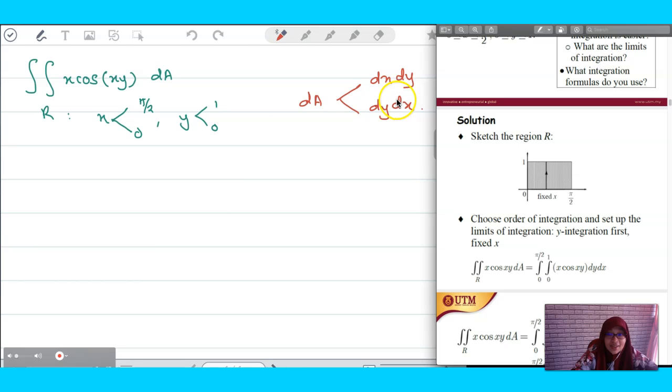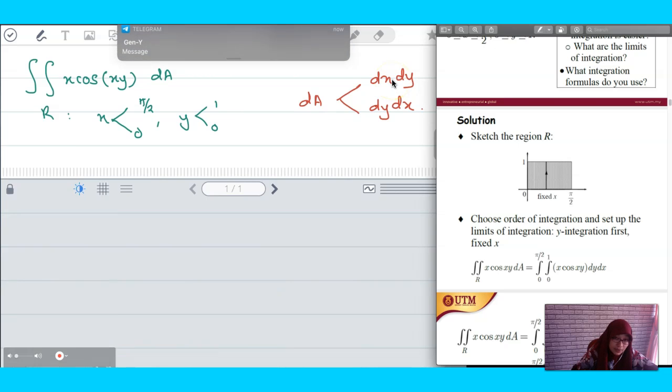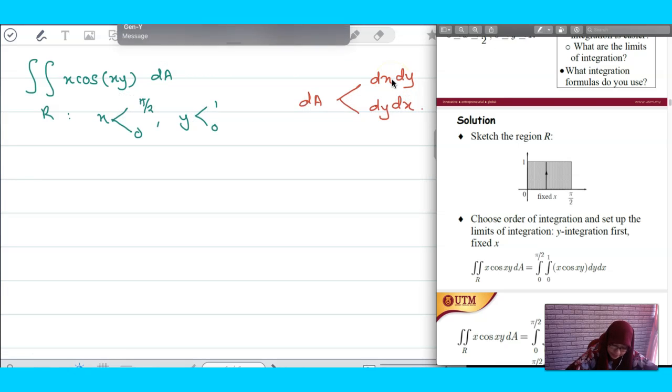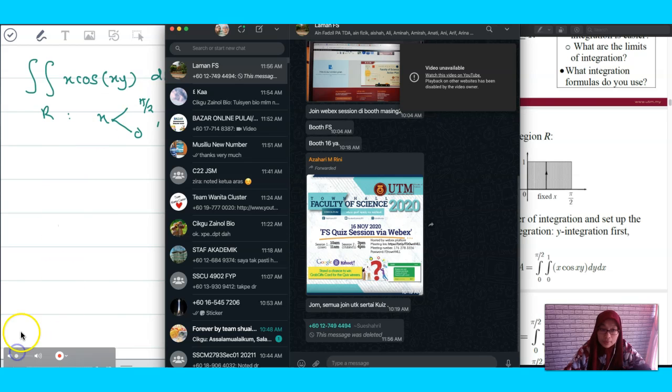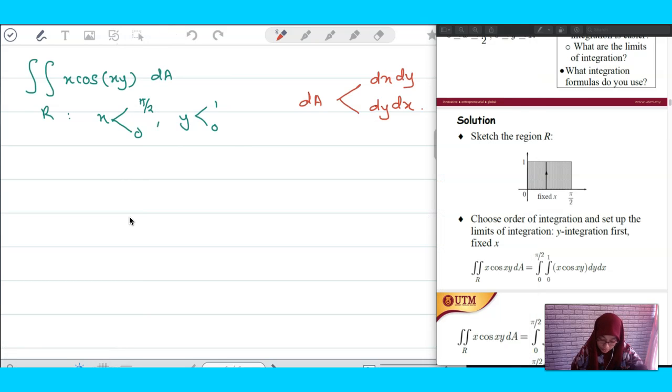Okay, but I didn't want to start with dy dx, I want to start with dx dy. So you have to integrate with respect to x first. Since we want to choose this order, you have x cos of xy dx dy.